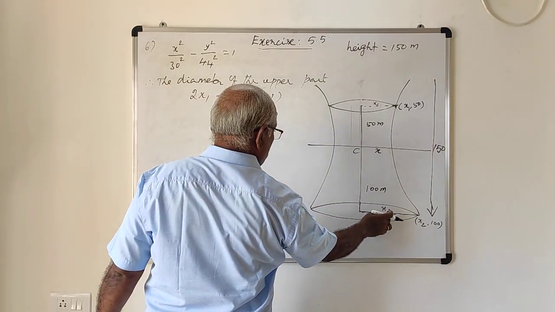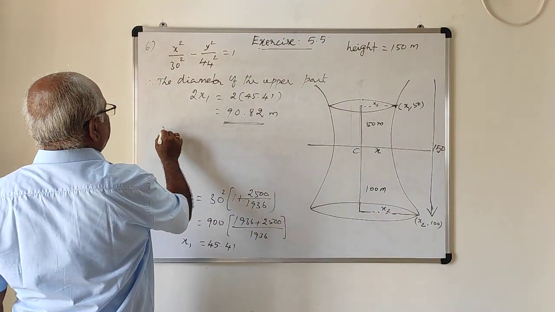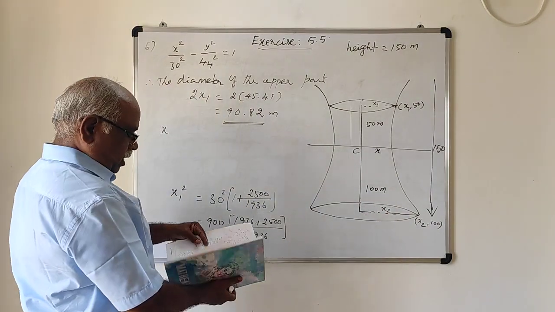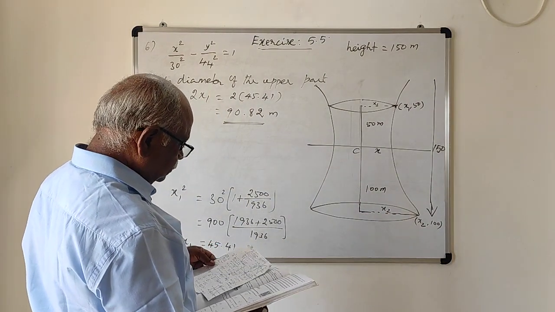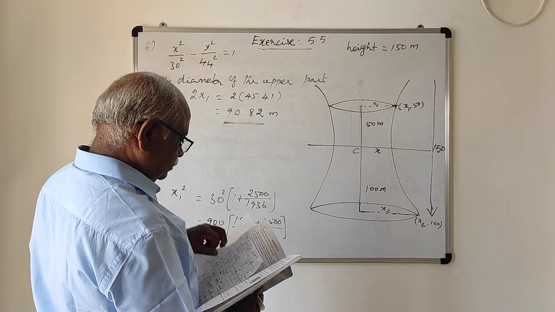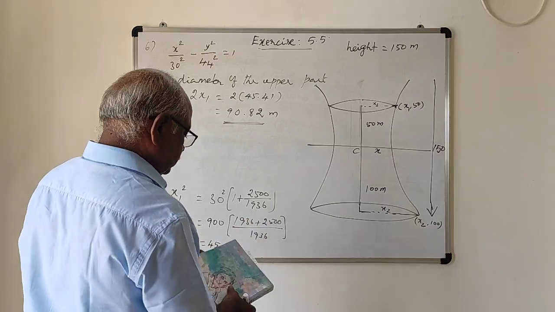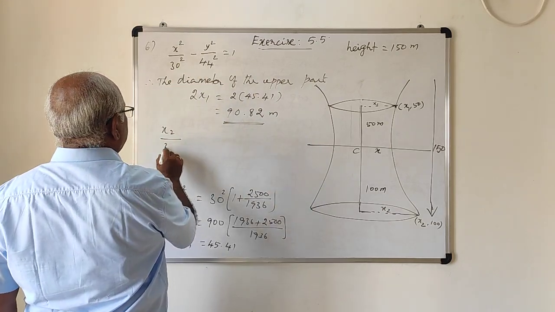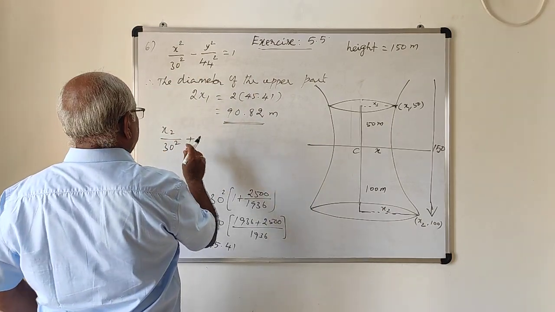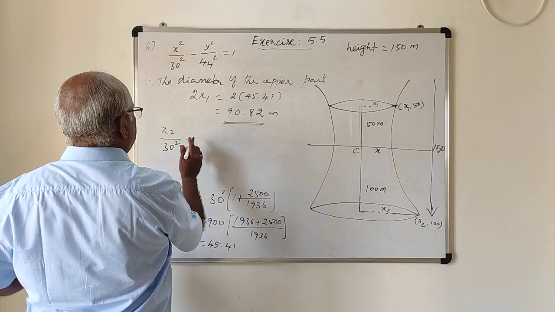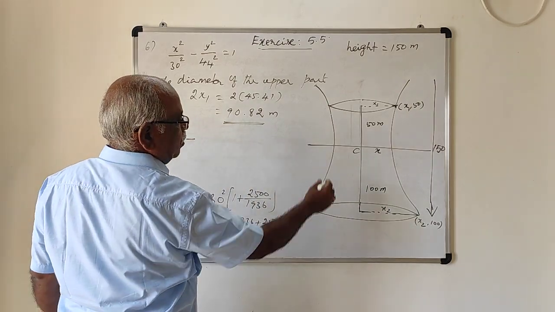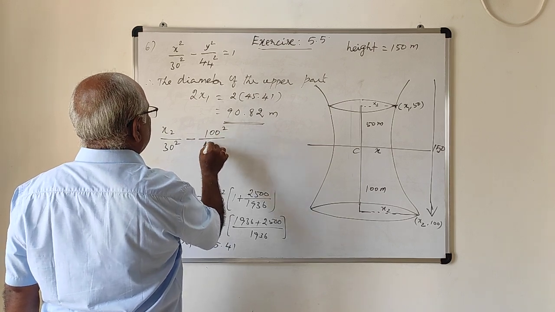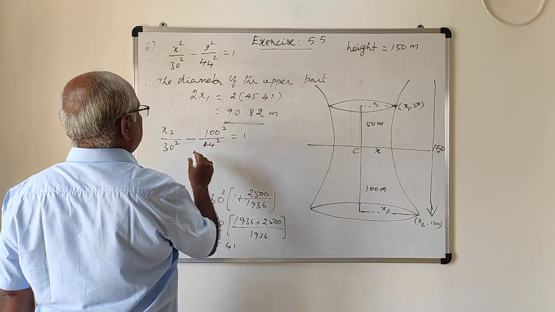For finding the diameter of the lower part, x2 square by 30 square minus y square, with y equal to 100, by 44 square equals 1.